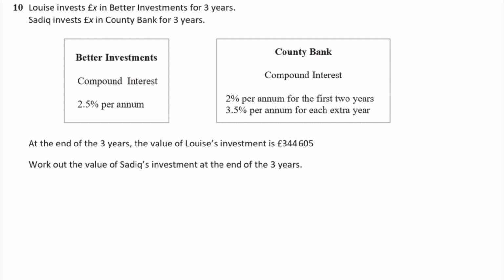Okay, so this is quite a long problem. It's going to have a number of different steps, isn't it? So first off, we know how much Louise had at the end of her 3 years. She invested in Better Investments, which is this one over here. So we're going to use that information to work backwards to find what this X value is.